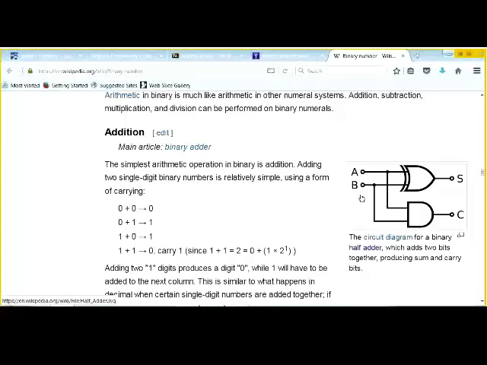Here it talks about addition. This is the actual electric circuit that is used to do the addition calculation. A and B are the numbers. They can either be 0 or 1. This could be 0, 0, 0, 1, 1, 0, 1, 1.